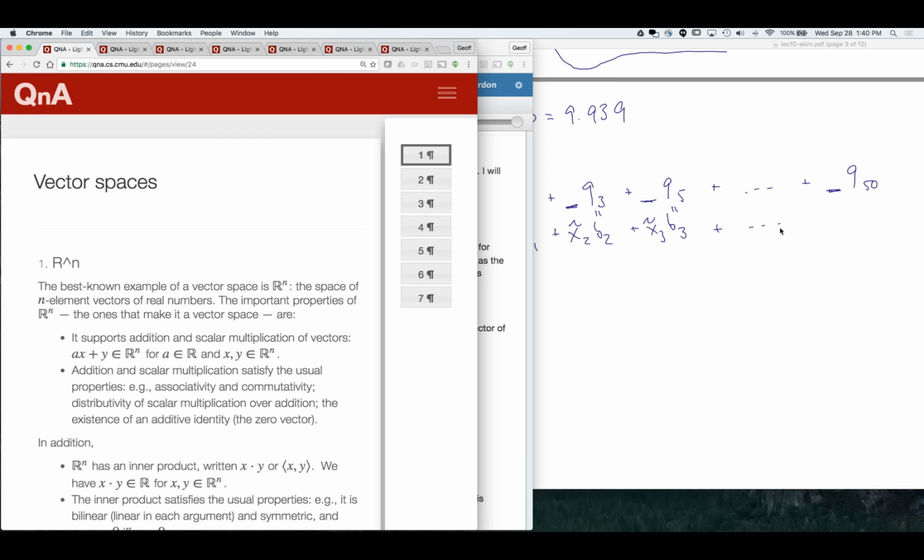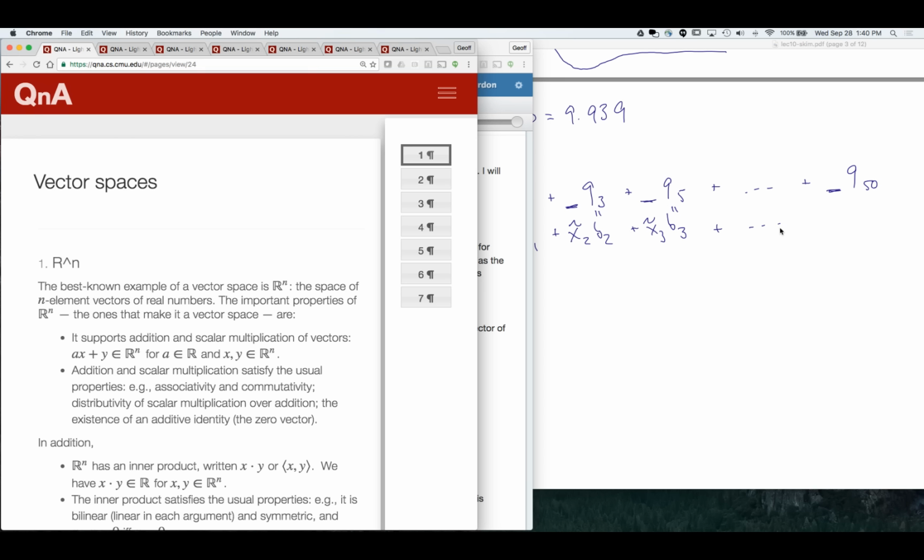So vector spaces. Everybody should be familiar with Rn. That's the set of length n vectors of real numbers. And Rn is a vector space. It's not the only vector space, but it is a vector space. And what makes it a vector space is that you can add together two vectors or multiply a vector by a scalar.